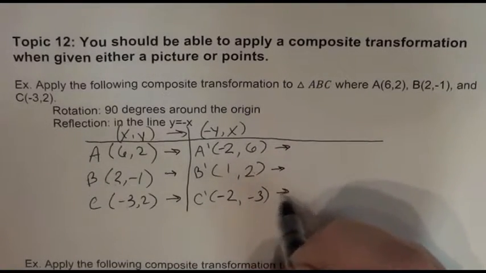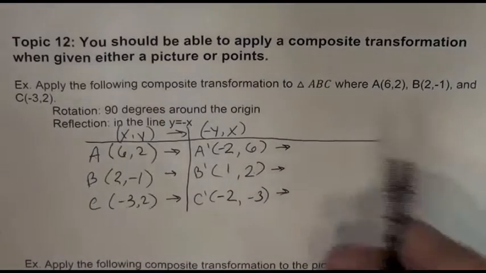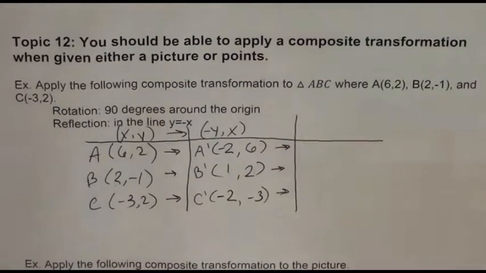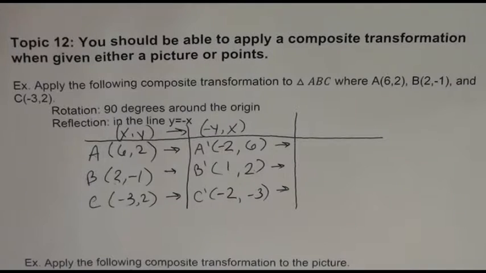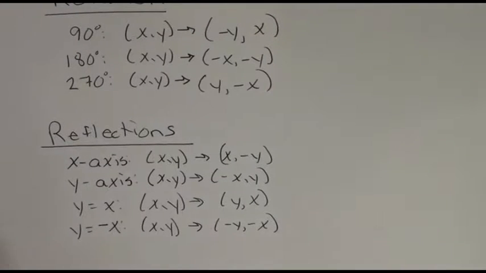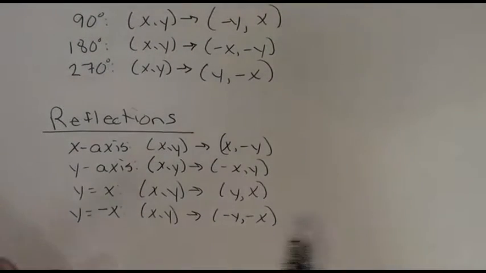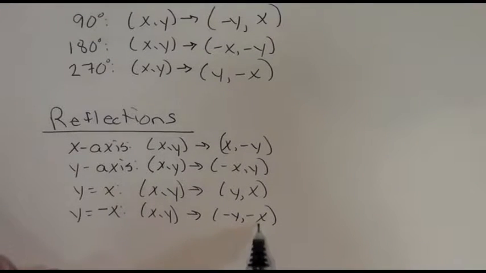So we take those points, A prime, B prime, C prime, and we apply another rule. We apply the rule for the reflection in the line y equals -x. So we go back to our list of rules. Y equals -x, that's this one down here. It turns into (-y, -x).